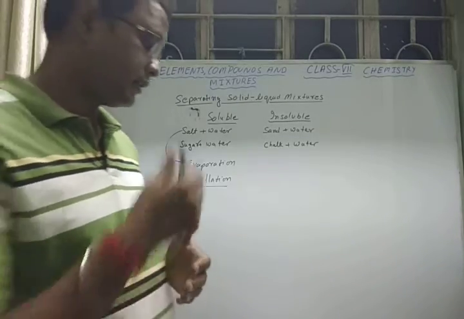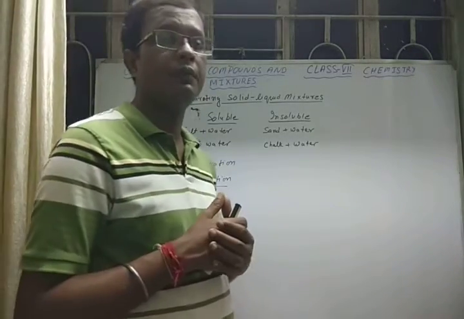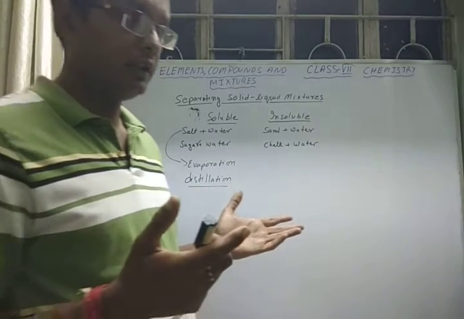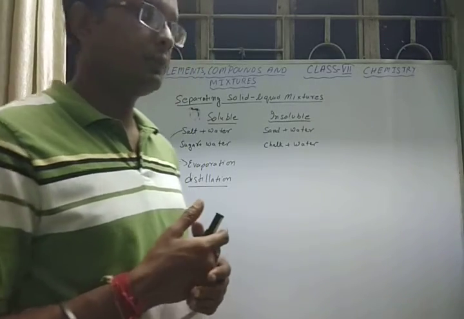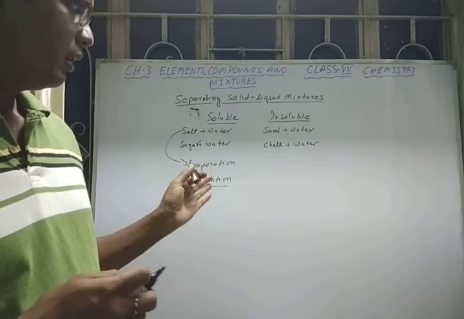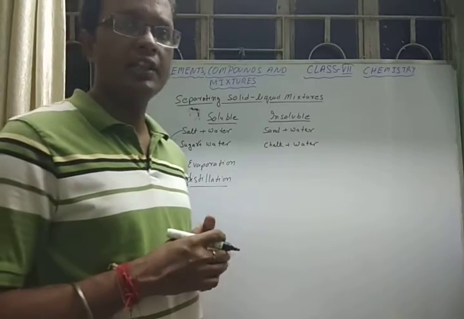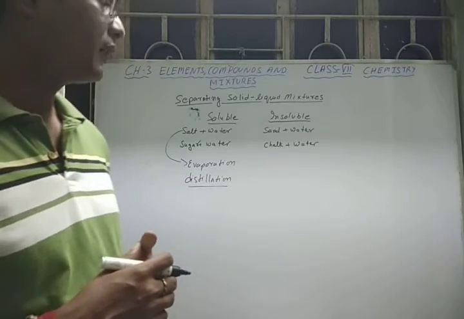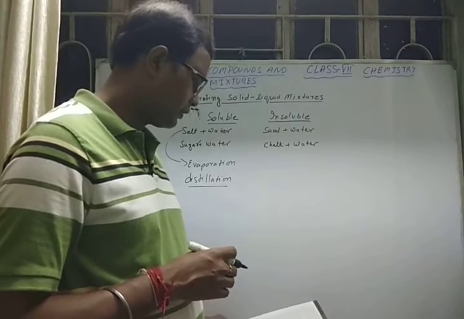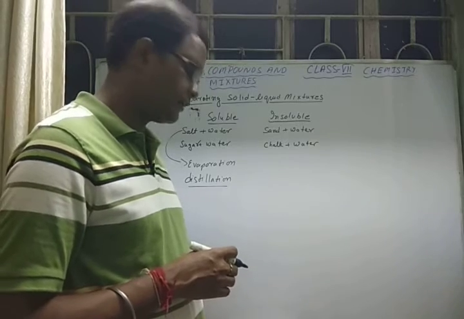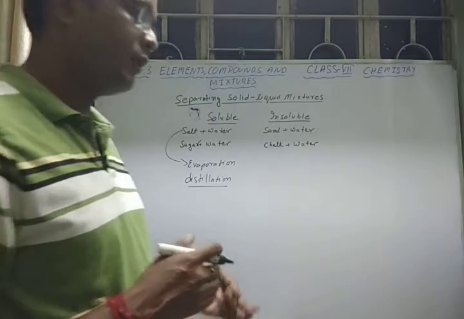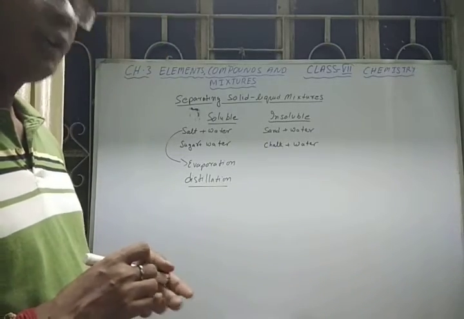For this method of distillation, we need a special type of apparatus also. Suppose we have to take a distillation flask. This distillation flask has a spout at its neck. This spout is connected with the help of a condenser.